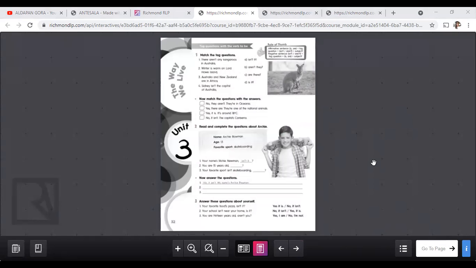And what you have to do is complete this activity in your platform. Complete page number 32, but it's missing.